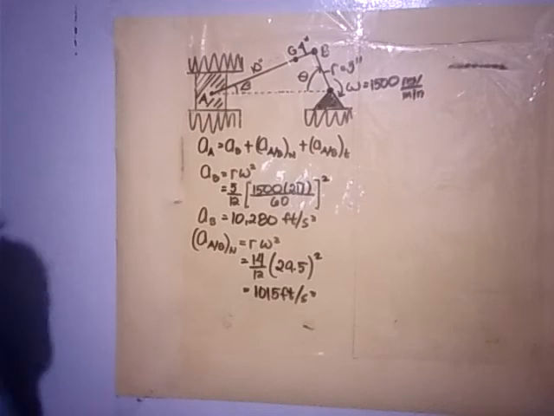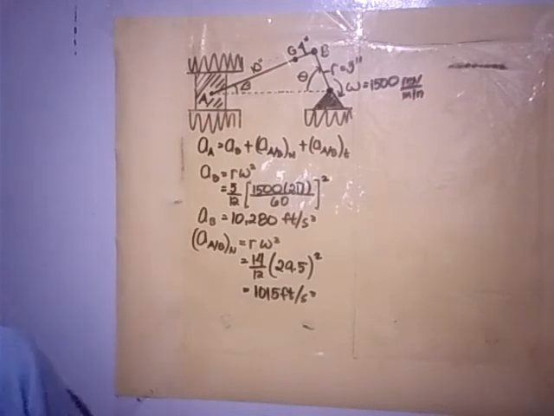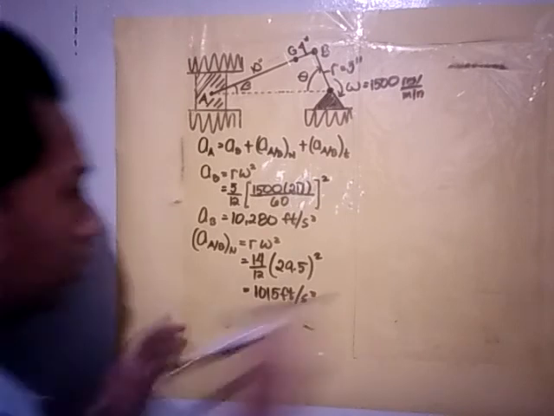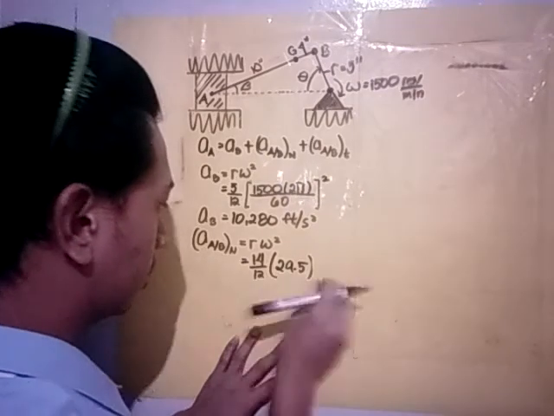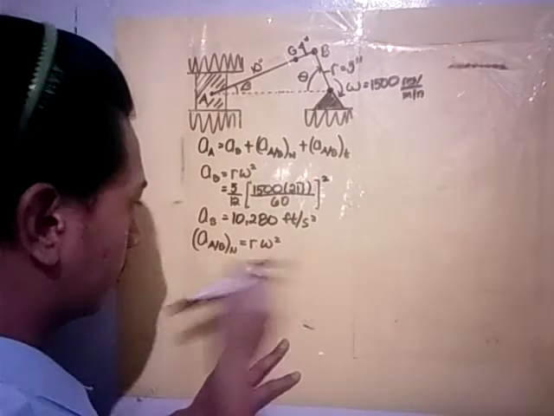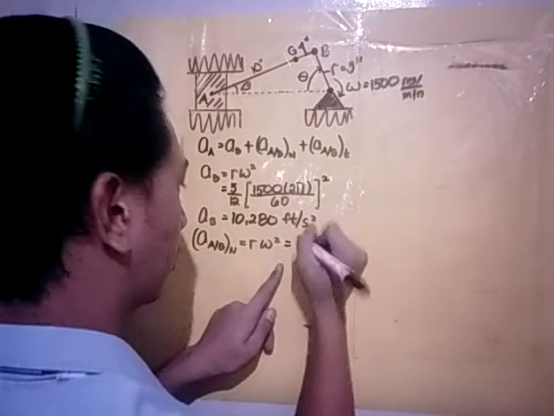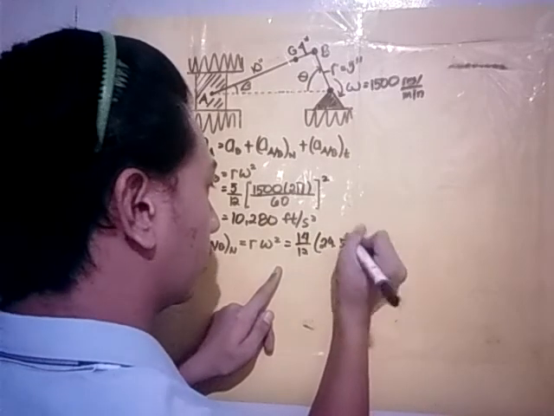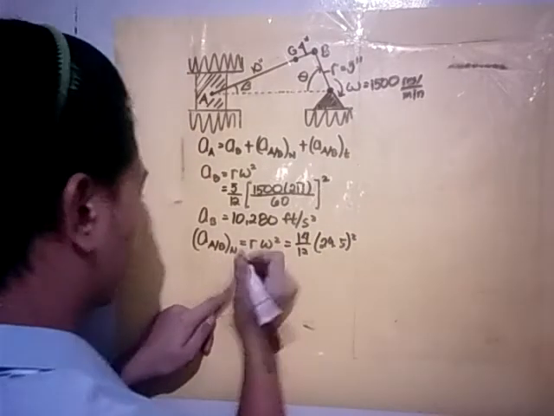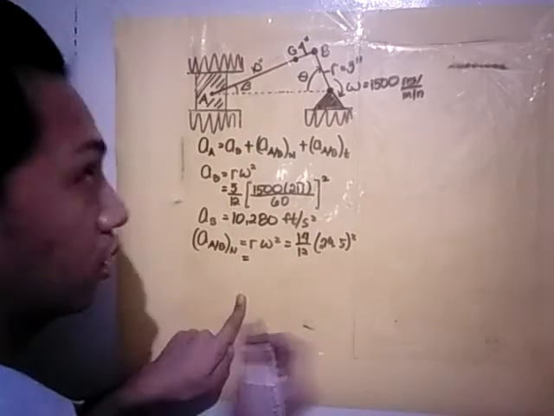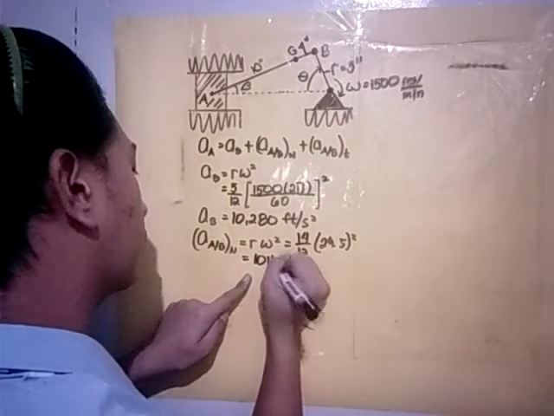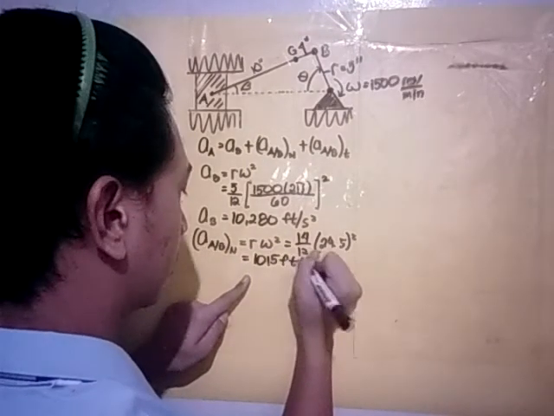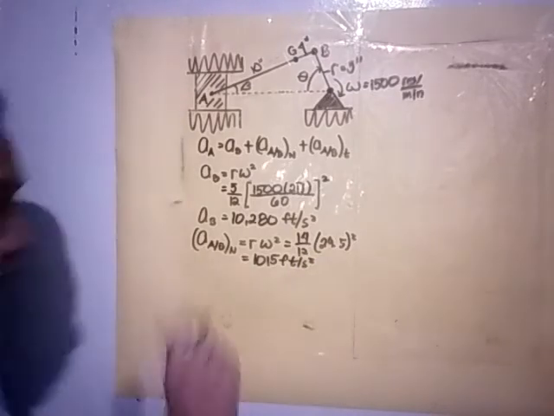Now we know this one. 14 divided by 12 times 29.5 squared is equal to 1015 feet per second squared.